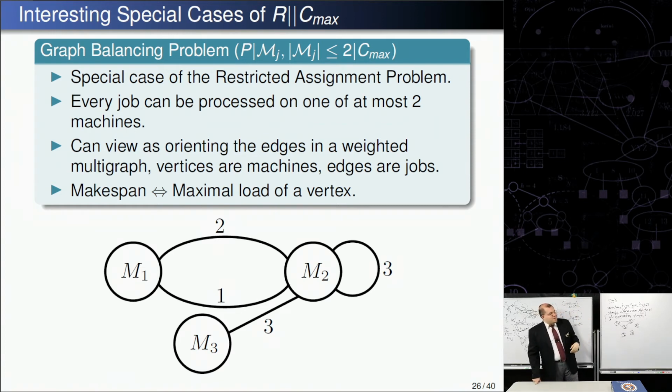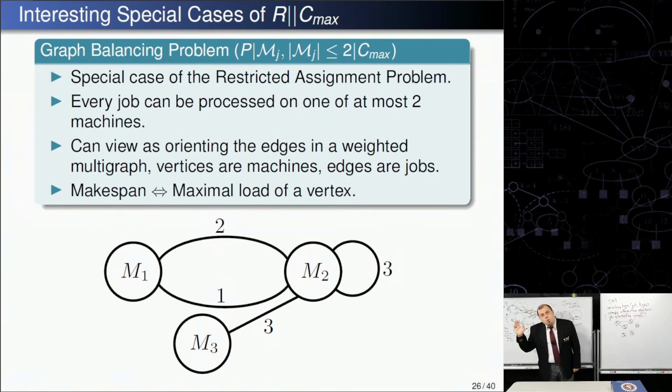The way we characterize that is by directing or orienting an edge towards one of its at most 2 possible endpoints. For example, the edge with weight 2, the one with the number 2 on it, could be directed either towards machine 1 or machine 2.